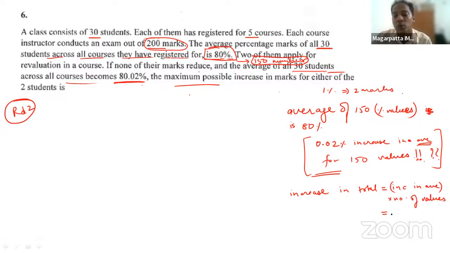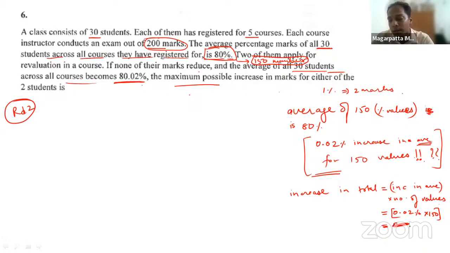And the increase in average was 0.02% into 150 values. If I do this, this comes out to be how much?